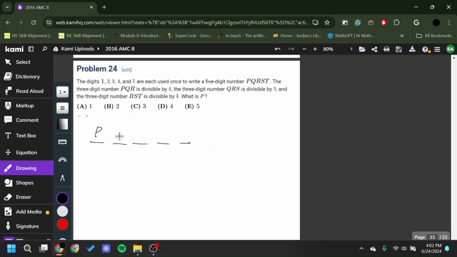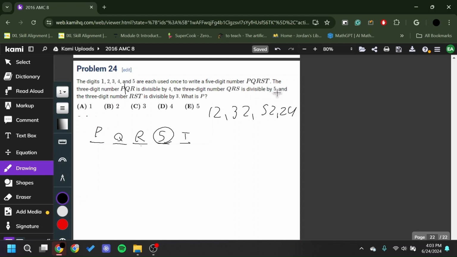So if it helps, I can write it out like this: PQR5T. Next, we can see that PQR is divisible by 4. So QR is going to be equal to 12, 32, 24, or 52, because those are all the multiples of 4 using our numbers.